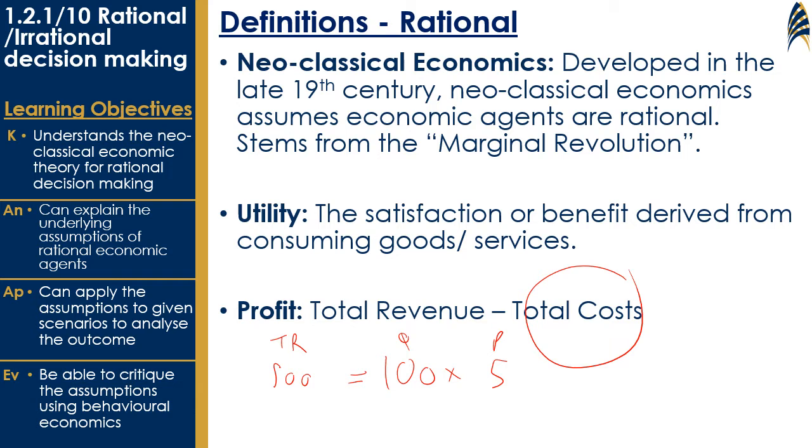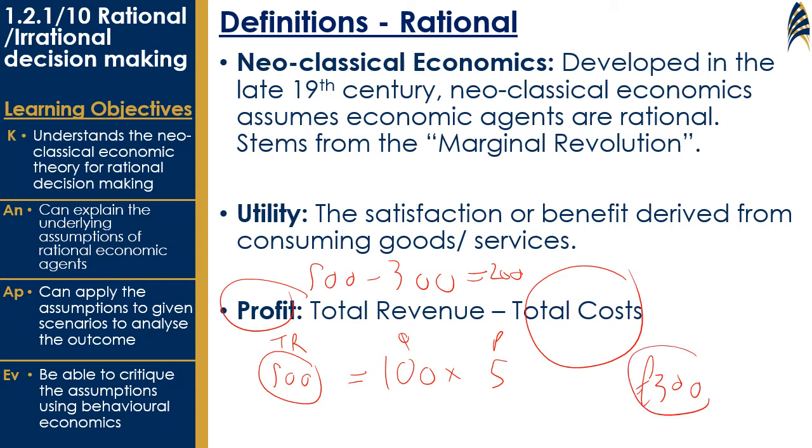You may have bought them all in for 300 quid or something. So your profit is 500 minus 300, which equals 200. So you can see there the revenue is 500, the cost 300, the profit 200. People sometimes get muddled between revenue and profit. Anyway, that's as much as you need to know.